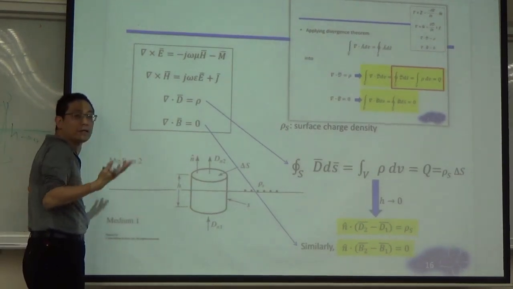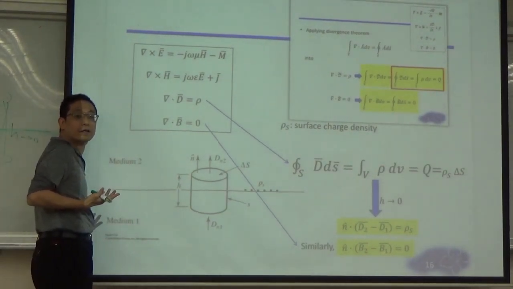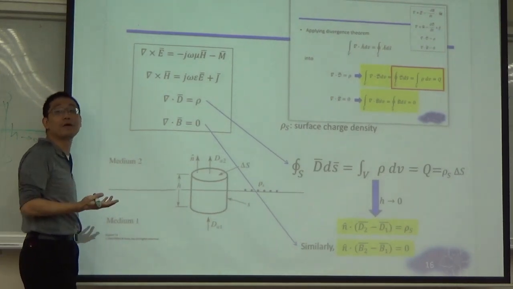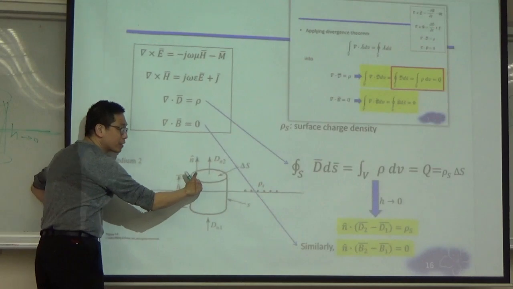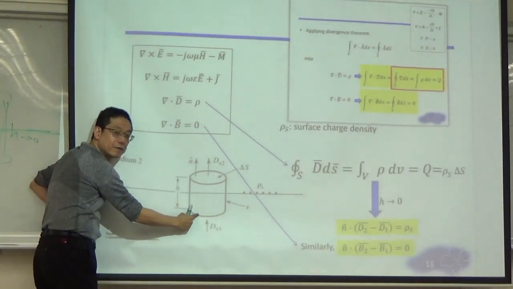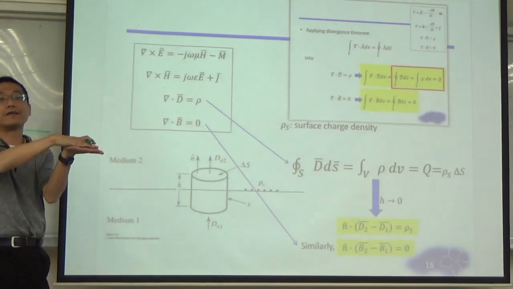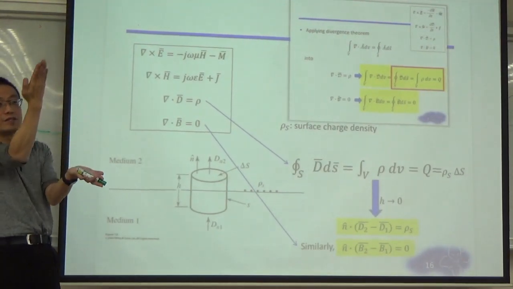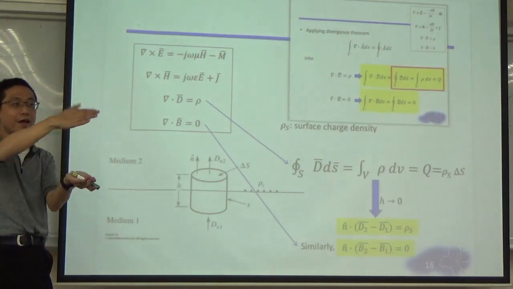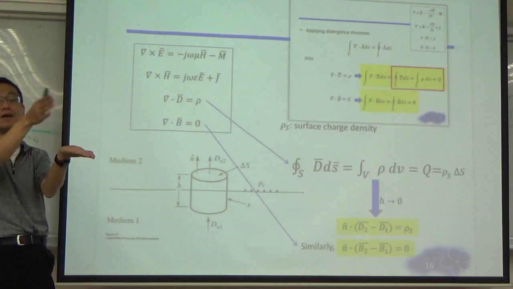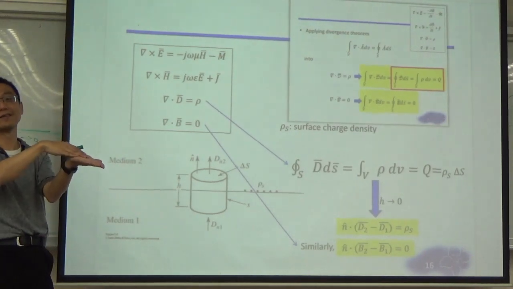Maybe Abby already gave us an answer. I think you are correct: you will consider only this surface and this surface, because you don't have the height. It's very flat. Only two surfaces. You are basically right.